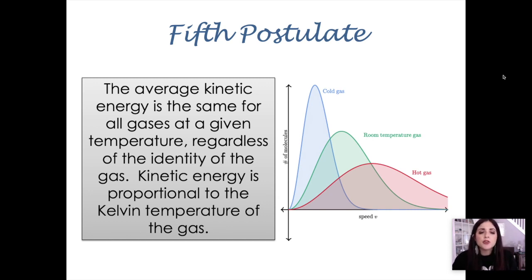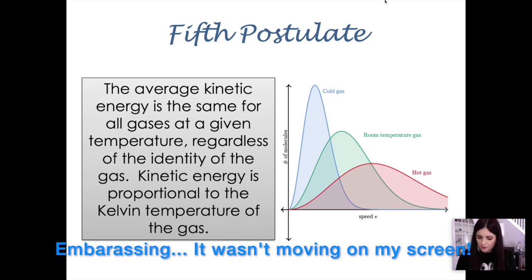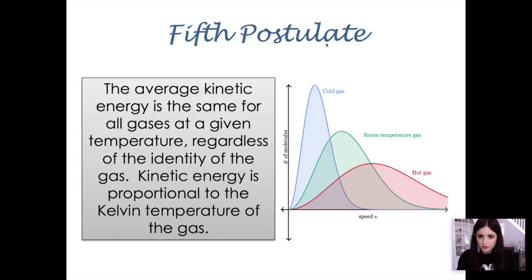Kinetic energy is proportional to the Kelvin temperature of the gas. So we're going to look at a graph like this. This is called a Maxwell-Boltzmann distribution. What you'll notice is that your cold gases, or gases at a much lower temperature, are going to be on this first blue one, but notice that it's a much more narrow curve, whereas your hot gases are much more of a rounded curve.